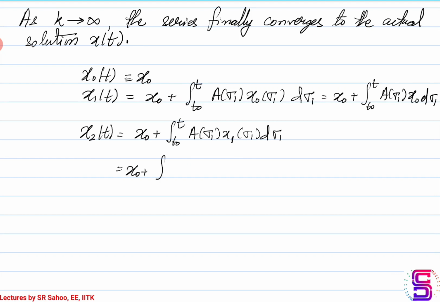Now here we'll substitute the expression for x1 sigma 1, which we have obtained in terms of x0, which is x0 plus the integral from T0 till sigma 1 of A sigma 2 x0 d sigma 2.